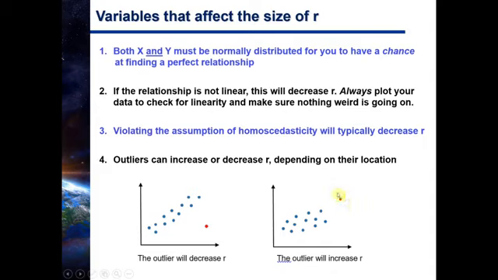So if we include it, our R value will go up. The dot here is reinforcing the pattern. If we omit it, then the R value will go down. You might want to take notes on this, okay? So again, if the outlier is reinforcing the pattern, this increases R. If the outlier is taking away from the pattern, then the outlier will decrease R, okay?